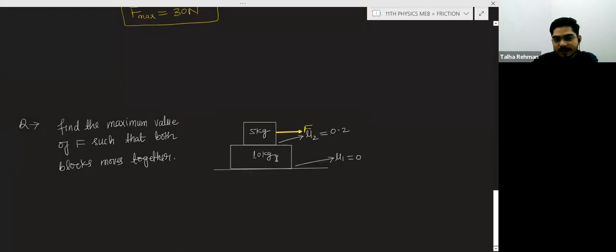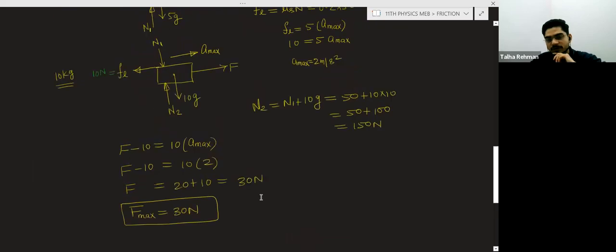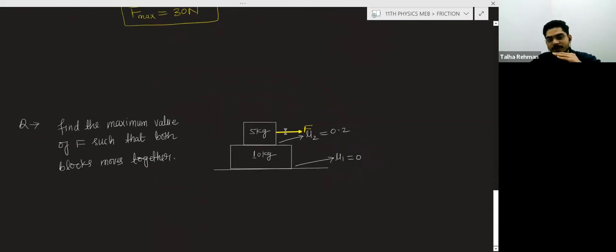You can see earlier the force was on the 10 kg block. Now we are applying a force F on the 5 kg block, and this is a frictionless surface, and this is a frictional surface having the coefficient of friction 0.2. In this case, we want to find the maximum value of F such that both the blocks will move together.